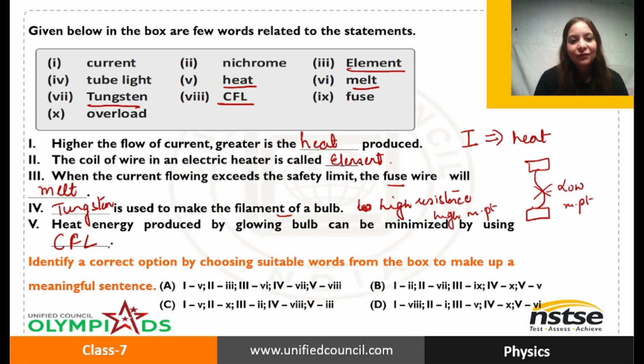So here the correct answer is going to be option A, because 1 matches with 5, 2 matches with 3, 3 matches with 6, and so A is the right answer. I hope you got it. Do not get confused in these kinds of questions. Try to attempt them one by one, recall the concept, try to relate it, and you will get the right answer.